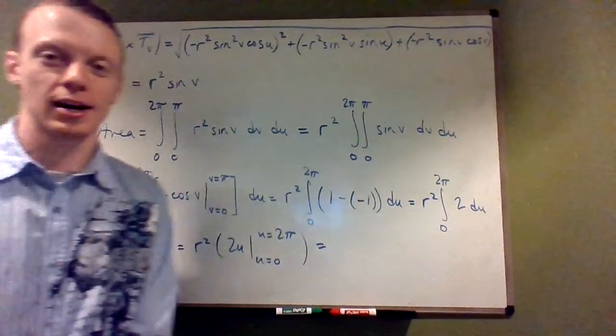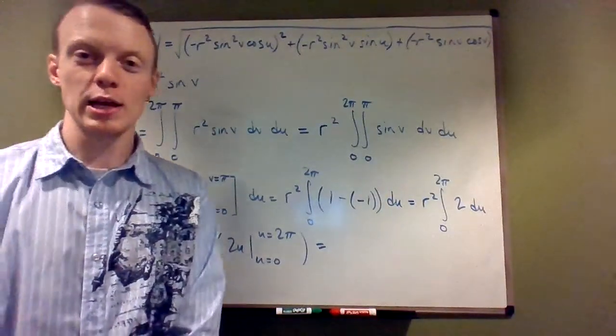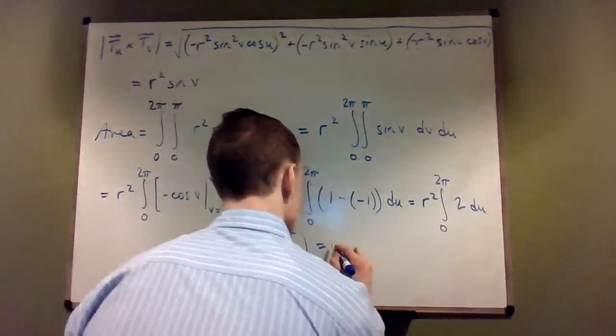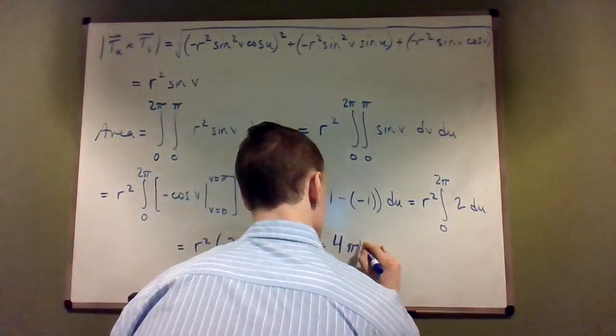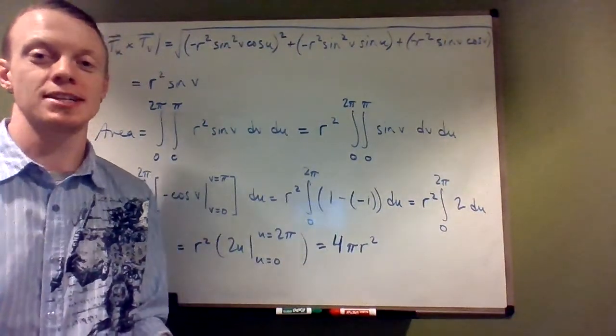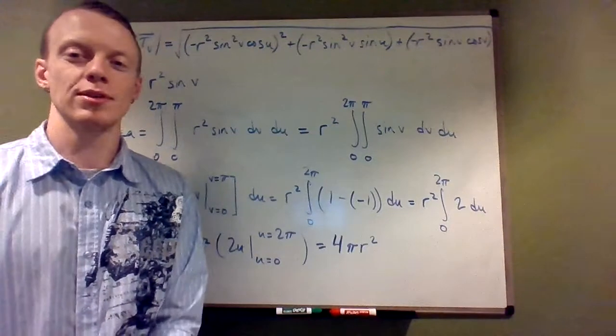And if we take our top bound and plug it in, we will get a 4 pi. If we take our bottom bound and plug it in, we'll get 0. So this is going to give us 4 pi r squared.